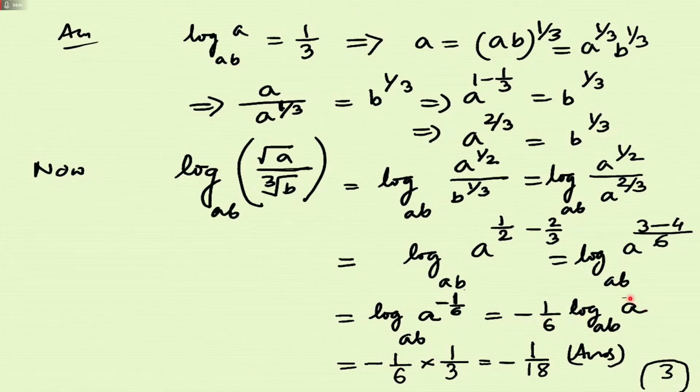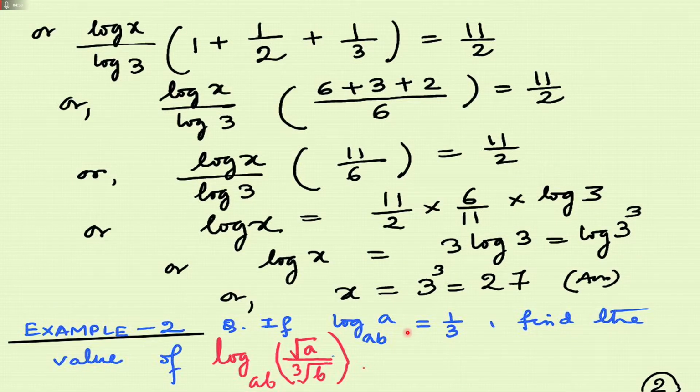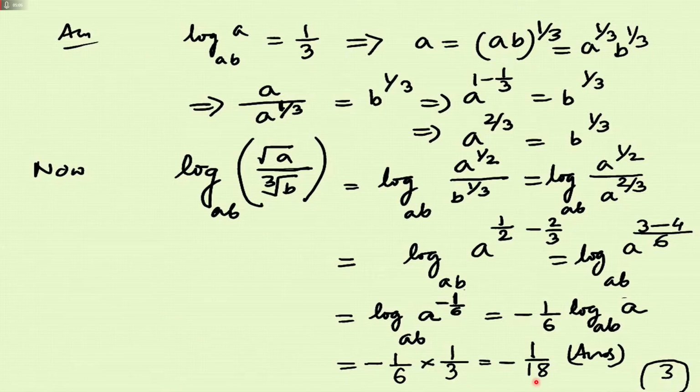Now this log a base ab is nothing but 1 by 3 because it is given, and this is minus 1 by 6 into 1 by 3, and it will give you minus 1 by 18. So if log of a base ab is 1 by 3, the value of this term is minus 1 by 18.